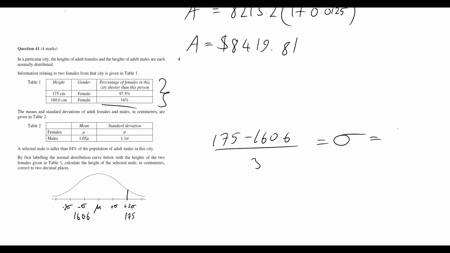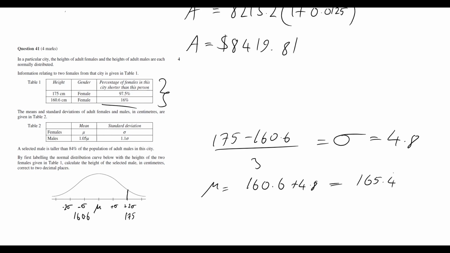We find that sigma is equal to 4.8. Now, mu is 1 sigma greater than 160.6, so mu is equal to 160.6 plus 4.8, which is equal to 165.4.